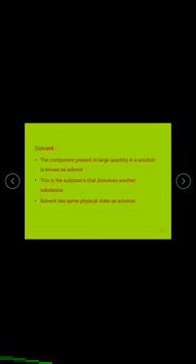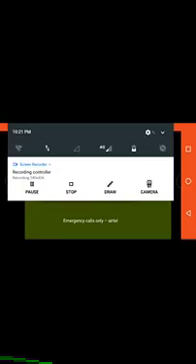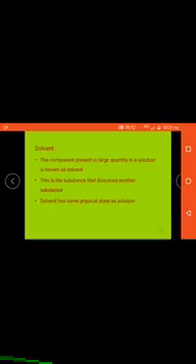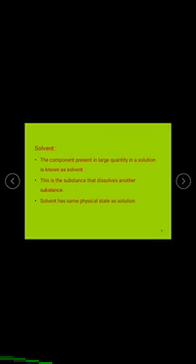Solvent has the same physical state as the solution. For example, salt in water. Salt in water means here the water is a solvent. The solvent has the same physical state as the solution.